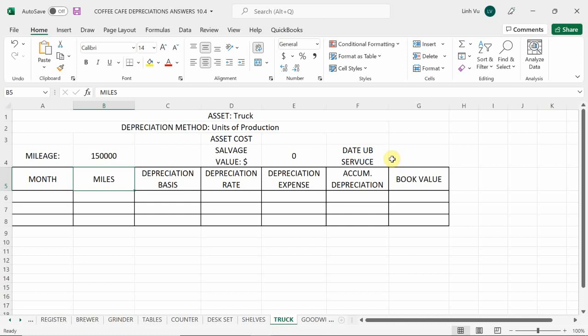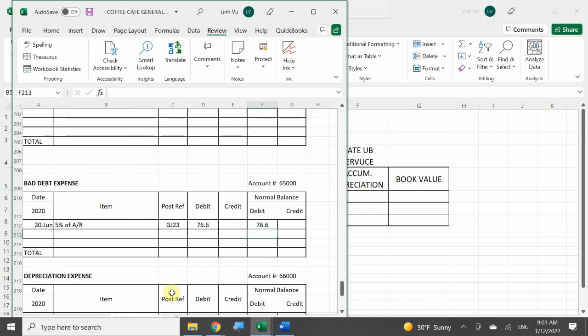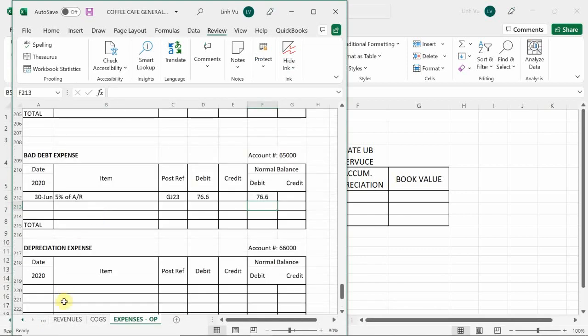So where can we find that information? We're missing the asset cost and the day that we placed into service. Would it be in the general ledger? Correct, right? You go to the ledger and let's go to our truck.